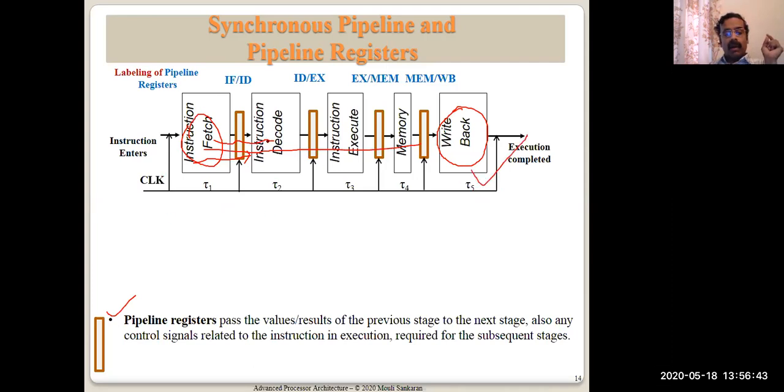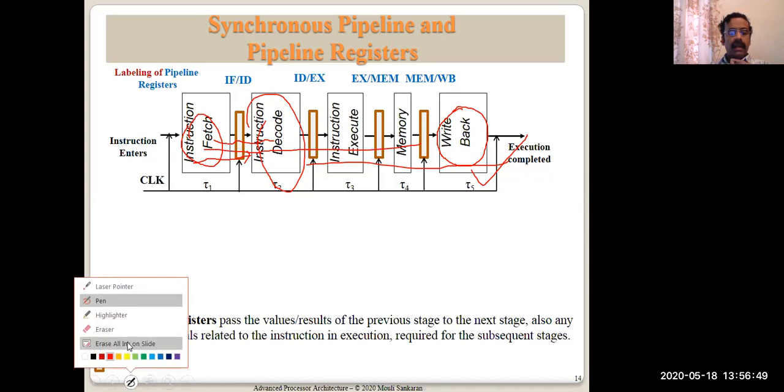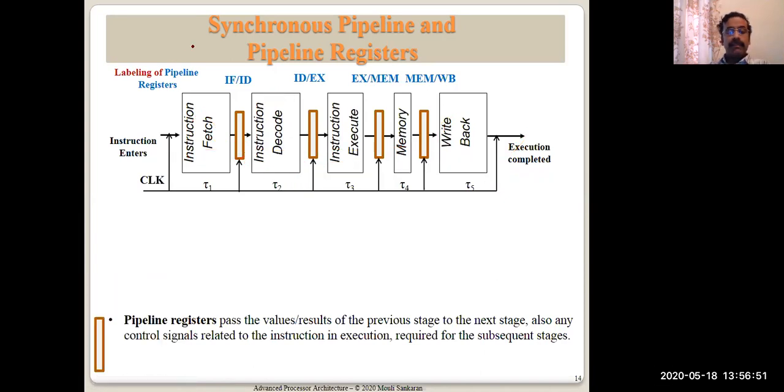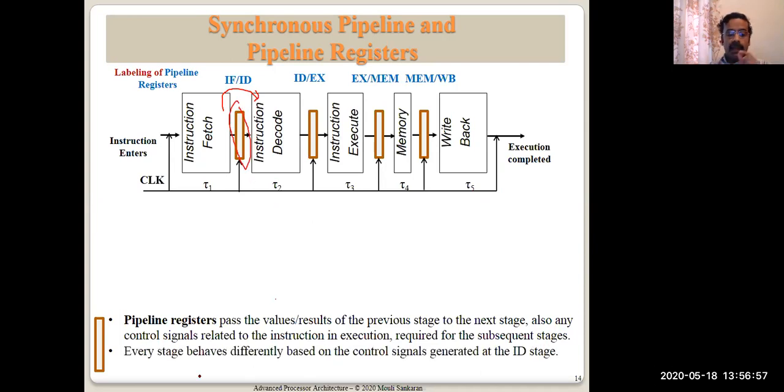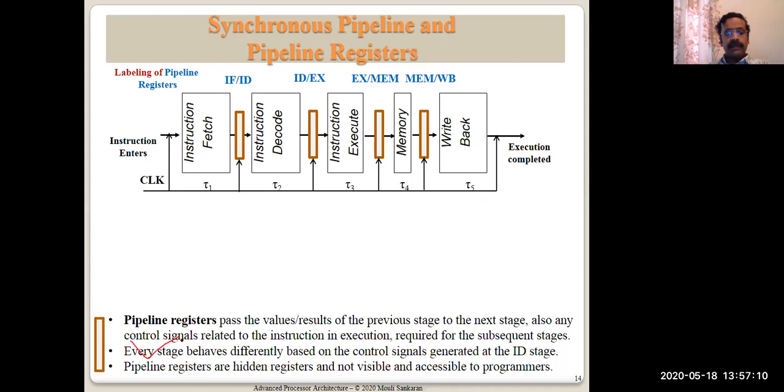Whatever is understood from the instruction has to be passed, so control signals are passed along with the values. What is computed in a particular stage is passed to these registers. Every stage behaves differently based on the control signal generated in the ID stage. Pipeline registers are hidden registers, not visible and accessible to programmers. I have explained the pipeline register now.